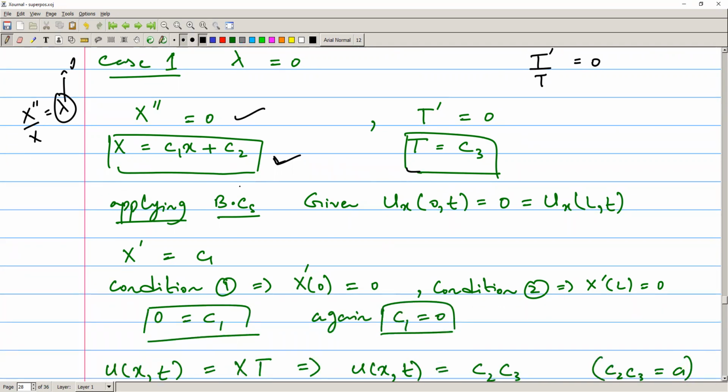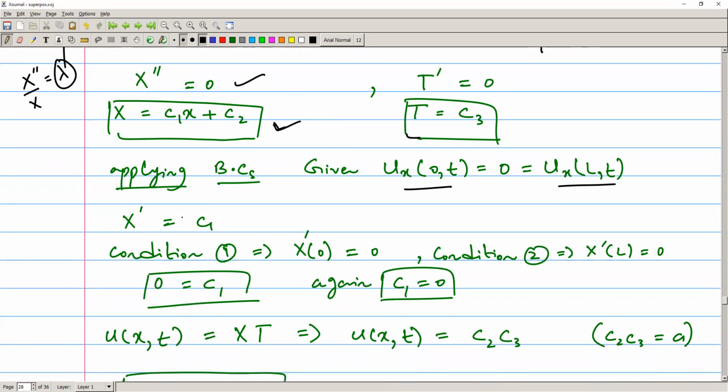Now we are given boundary conditions that are derivative boundary conditions, right? So we differentiate X first, and we get X prime equals c1, and then we apply the boundary conditions. Applying the boundary condition at 0, X prime is c1, and again applying the boundary condition of X prime of l, we get c1.